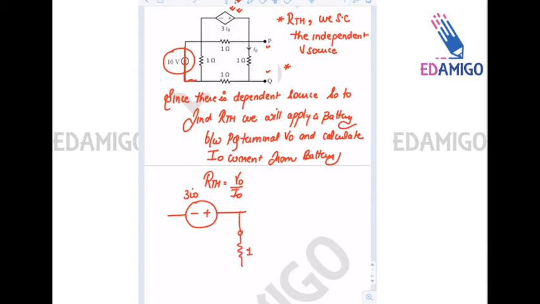I0 is flowing here, and between P and Q a 1 ohm resistance is also there. Between the terminals A and B, for example, I take this as A and this as B, it is short circuited, so the 1 ohm resistance is removed.